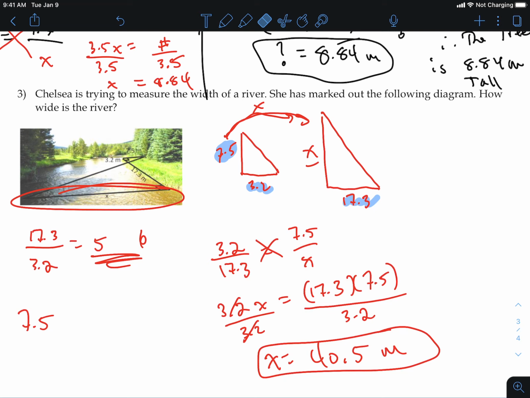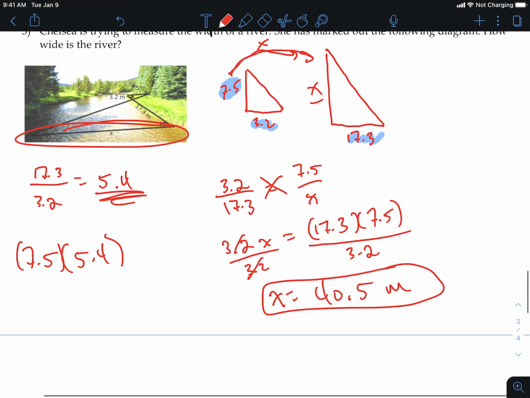It's a lot for me to type in things. That's why I ask you guys to type it in too. It's 5.4. Okay, there's your scale factor, sorry. And then we can go 7.5 multiplied by 5.4, which should equal 40.5.